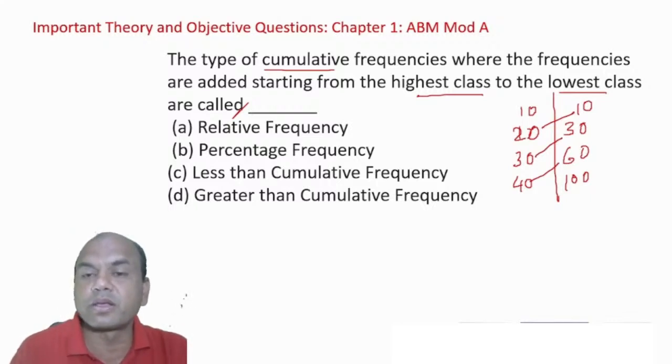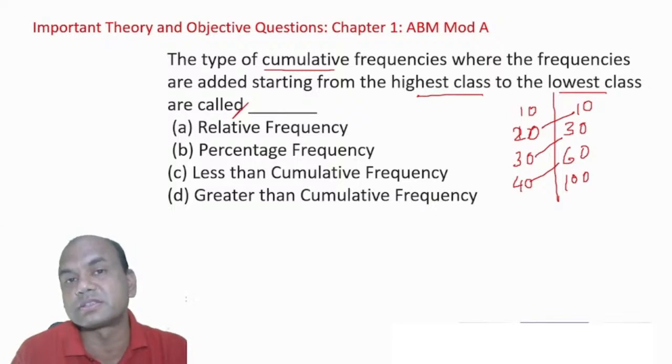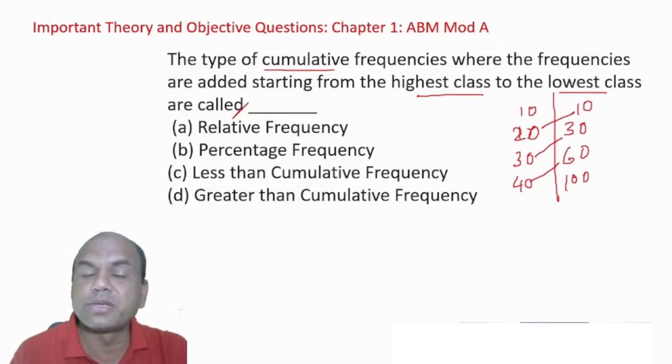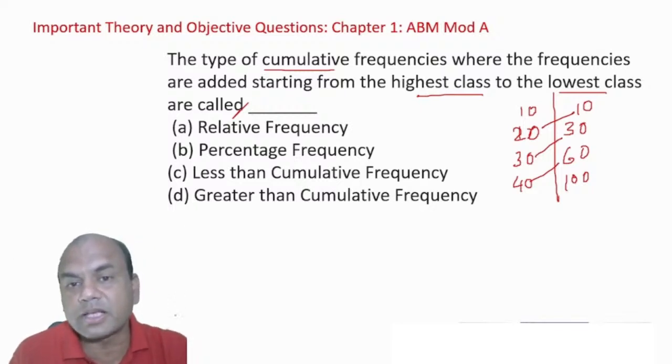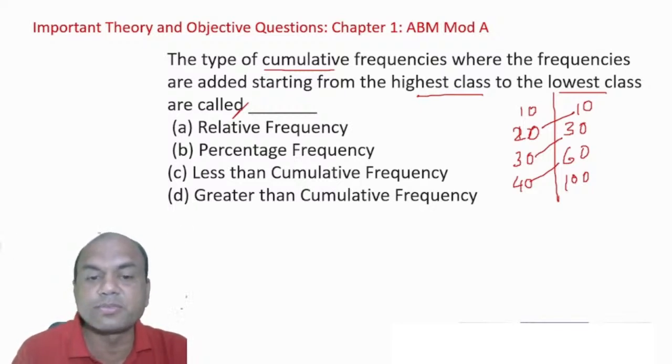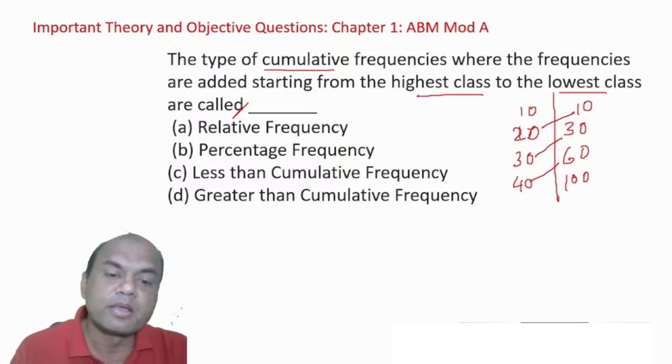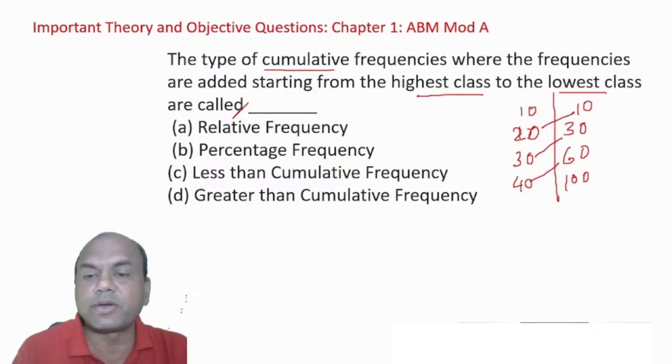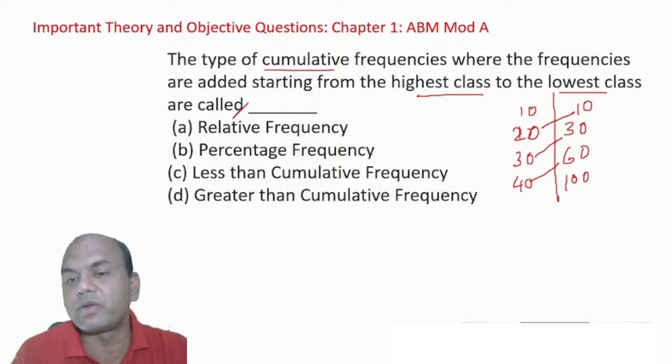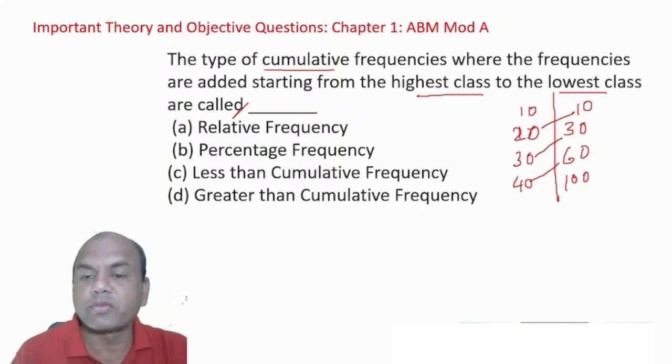The question is when the frequencies are added from the highest class to the lowest class. What do you mean by the class? If I have these numbers, 10, 20, 30, 40, I divide them into classes.